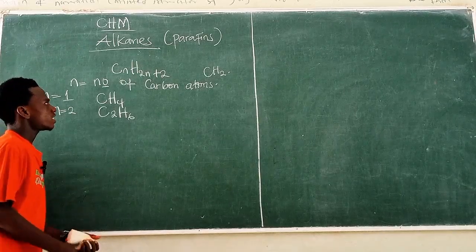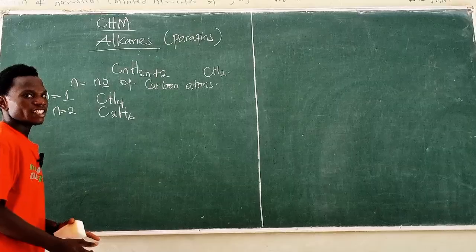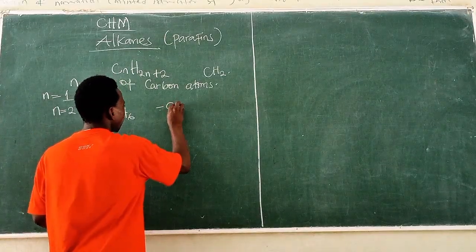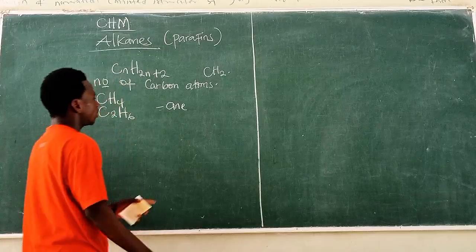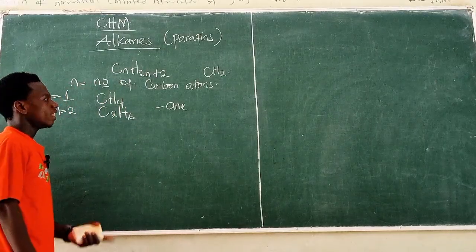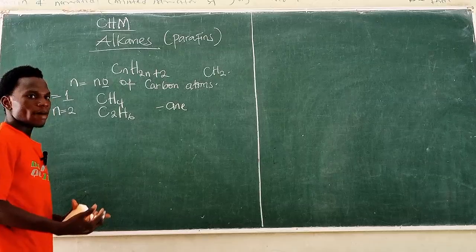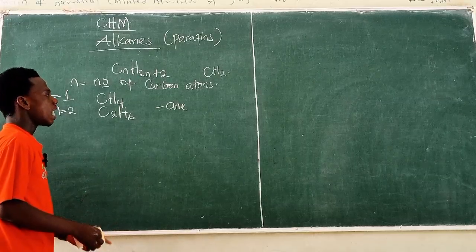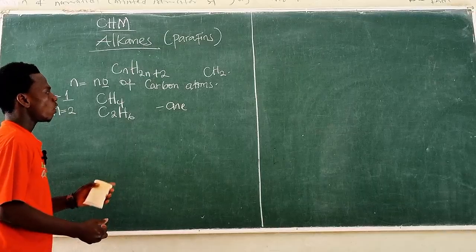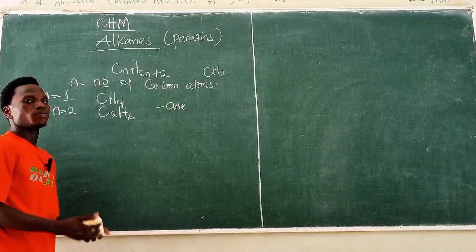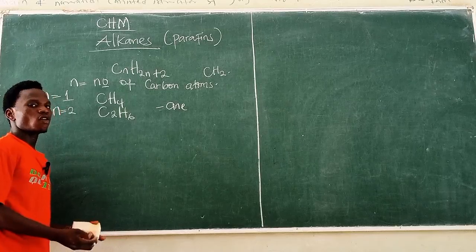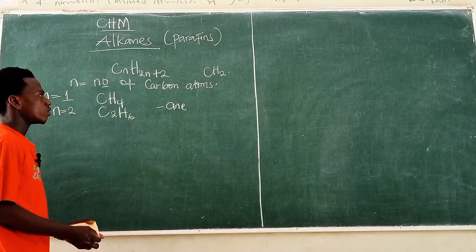Alkanes have the characteristic ending -ane. This is the characteristic ending of all alkanes. The first 4 members of alkanes are called by their trivial names, while the others are derived from Latin prefixes, which indicate the number of carbon atoms.